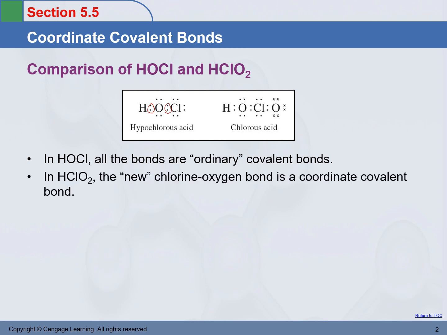But if you look at chlorous acid, the last bond between the oxygen and the chlorine, both electrons are actually from chlorine. The 6 valence electrons that oxygen has are still on the oxygen atom. So this pair of electrons is actually contributed by chlorine only. That is a coordinate covalent bond.